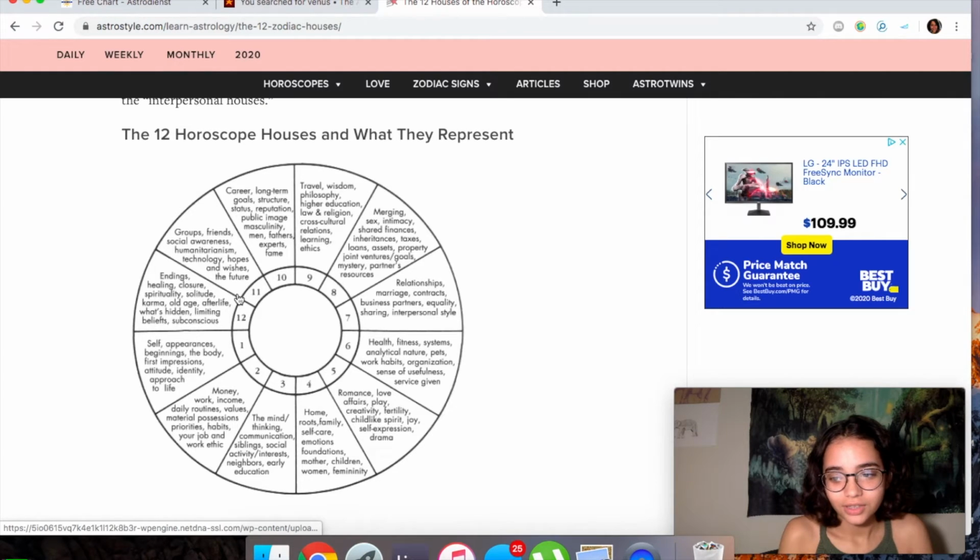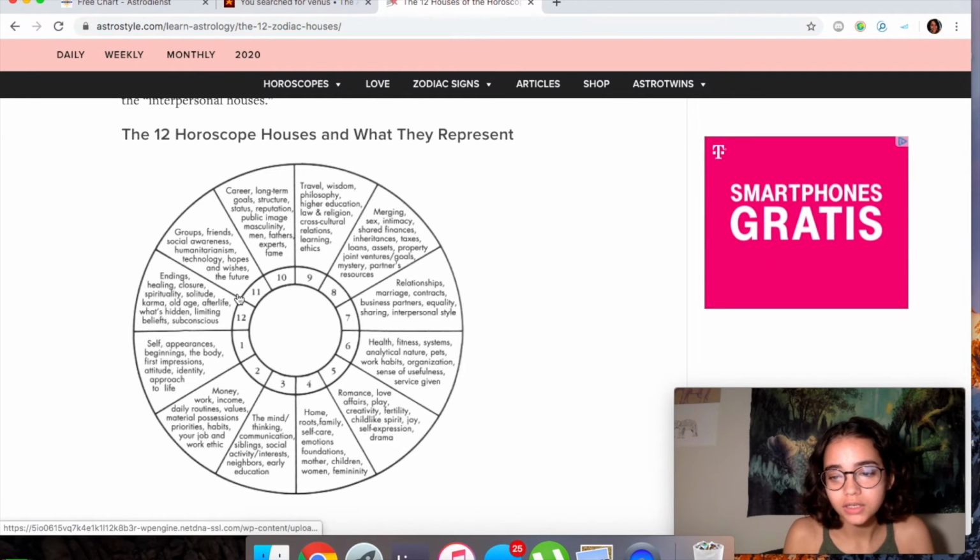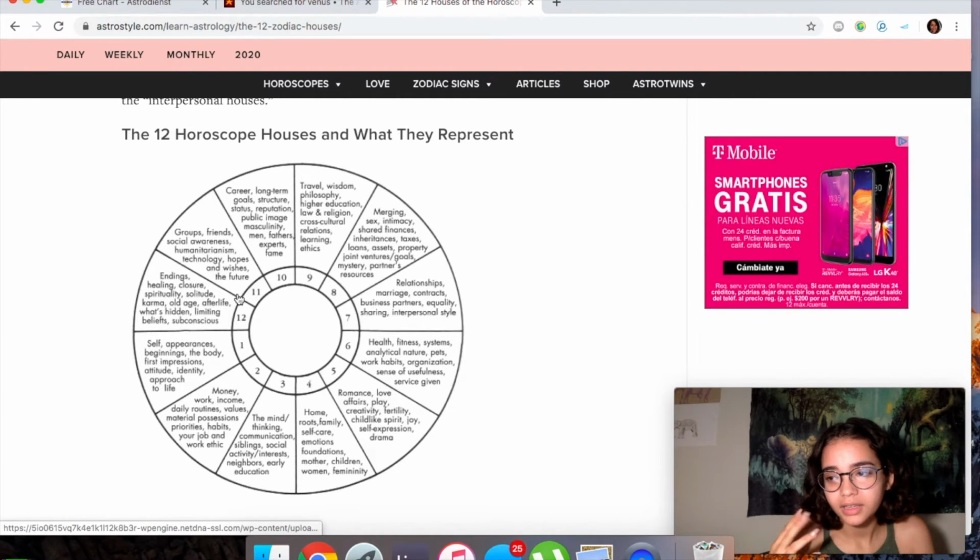They think of technology, researching, technological advances, like social advances. Aquarius is a very, very intellectual sign.